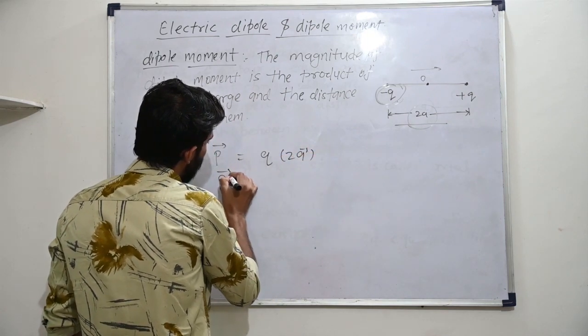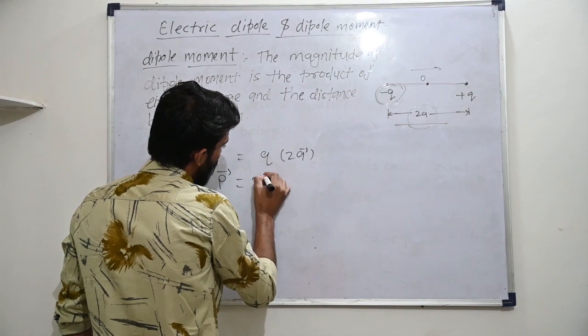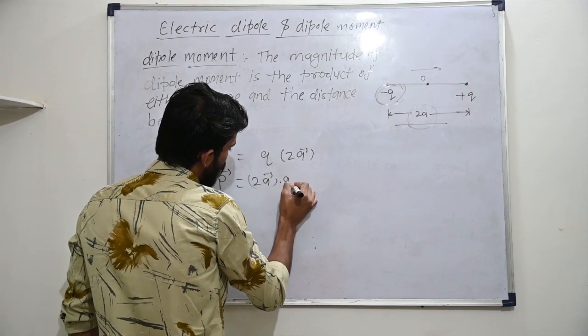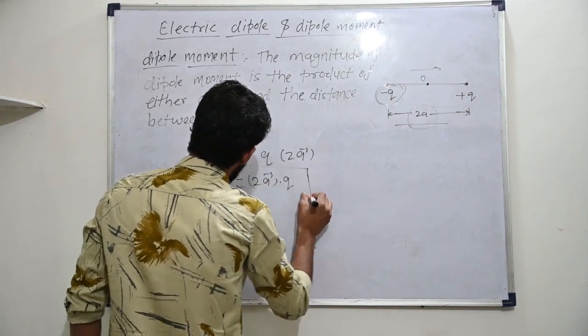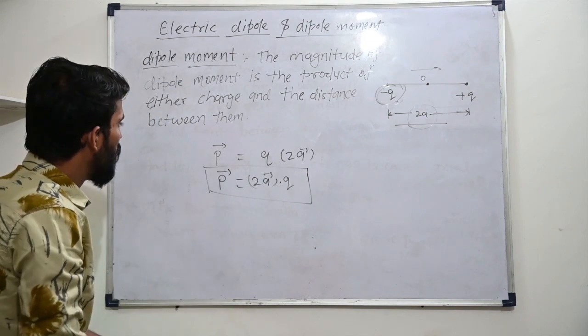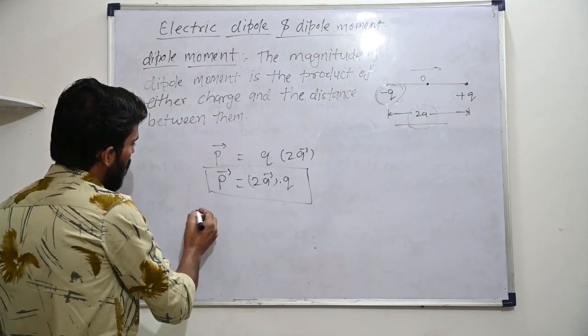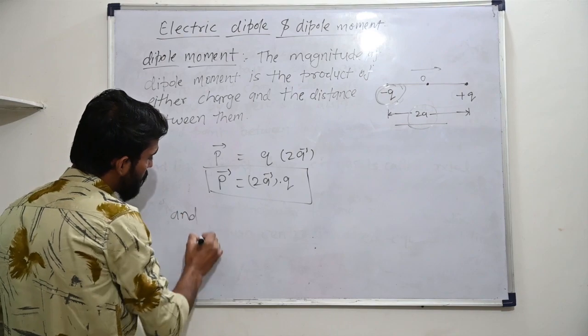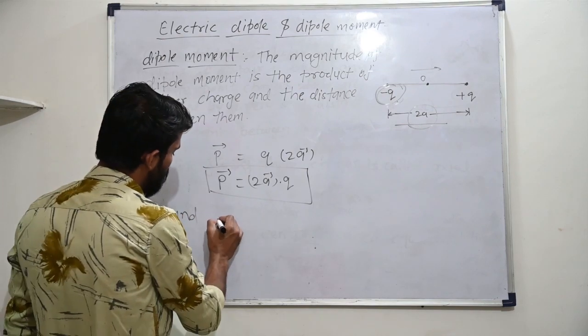So the p vector equals 2a q. This is the dipole moment of the electric dipole.